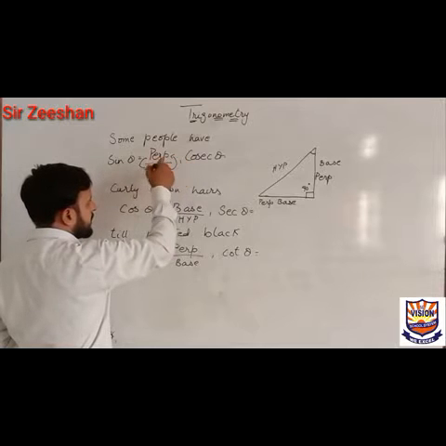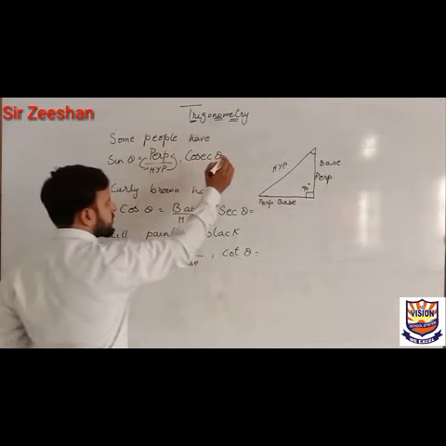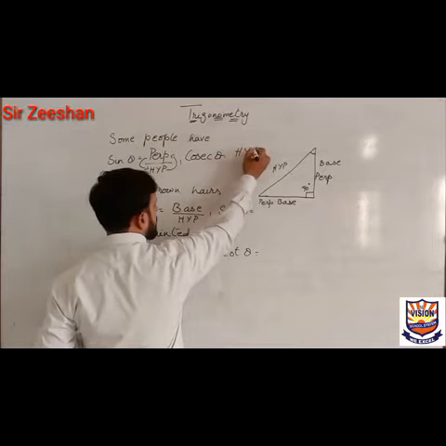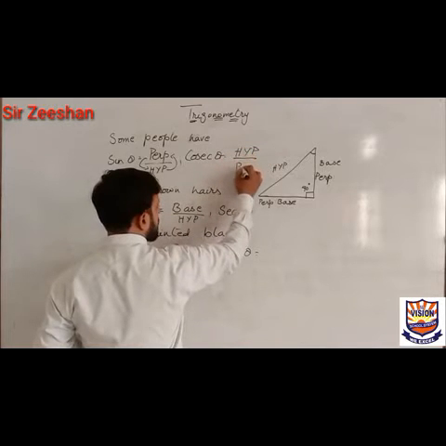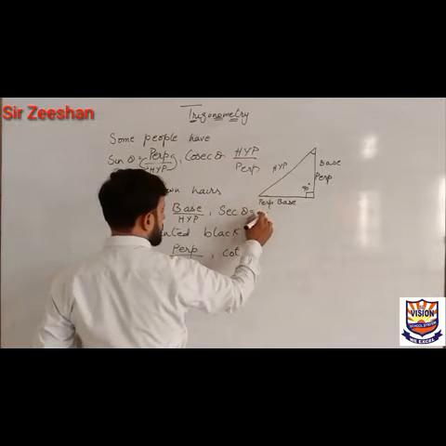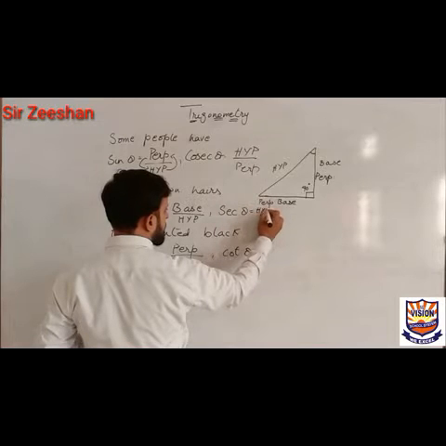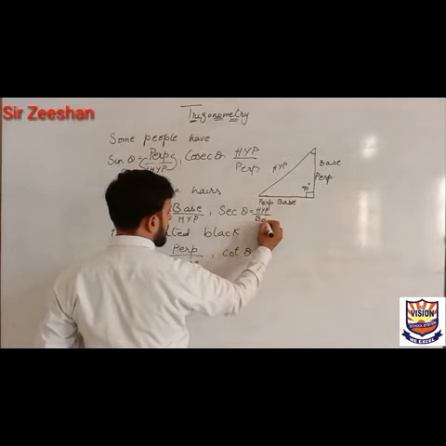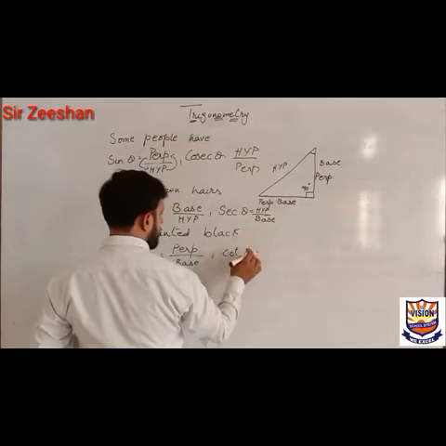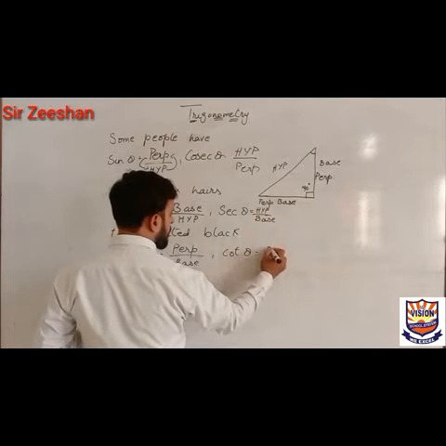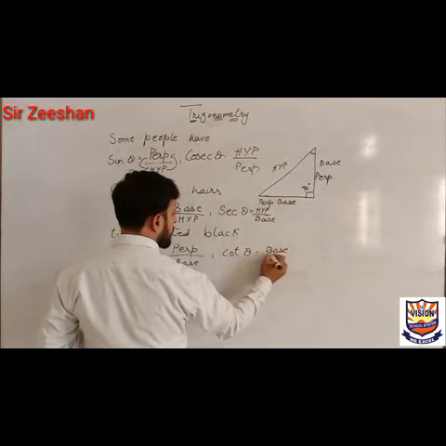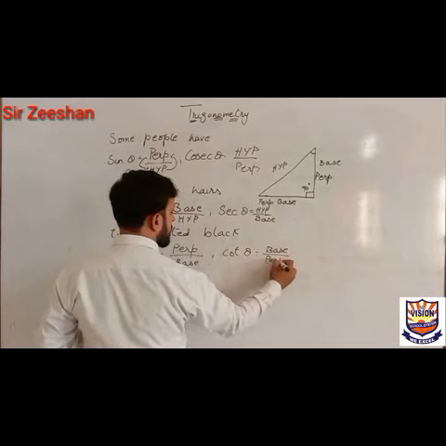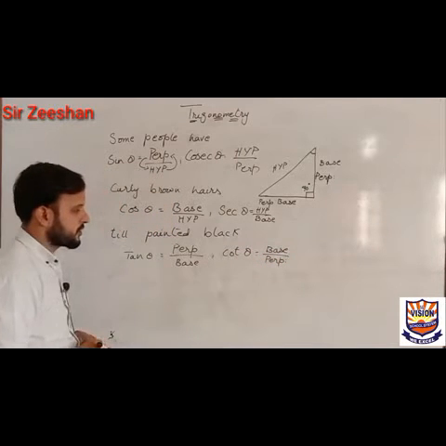Numerator will become denominator and denominator will become numerator. So cosec will be hypotenuse upon perpendicular. Same is the case with sec: hypotenuse upon base, and here cot is equal to base upon perpendicular. This is quite an easy trick to learn the trigonometric ratios.